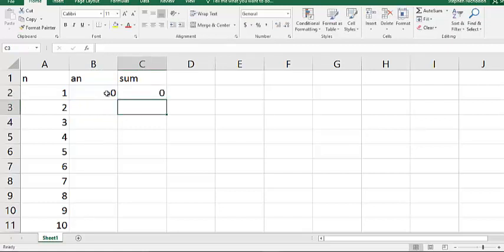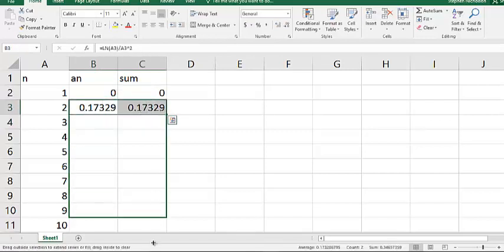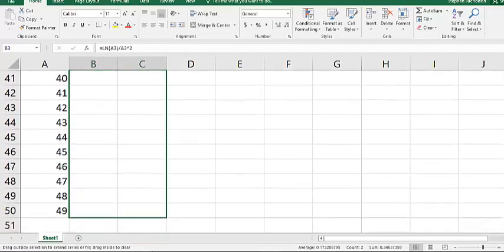So that's the sum. And okay, so we'll copy that down. And then that's equal to that plus that. And then we just copy that down however far we're going to go.